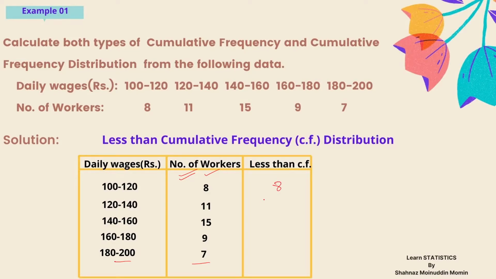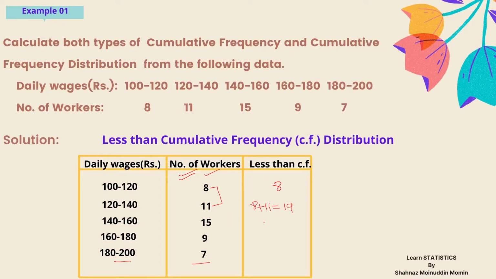Now the next less than cumulative frequency is calculated by adding these two frequencies, means 8 plus 11, and it comes out to be 19.